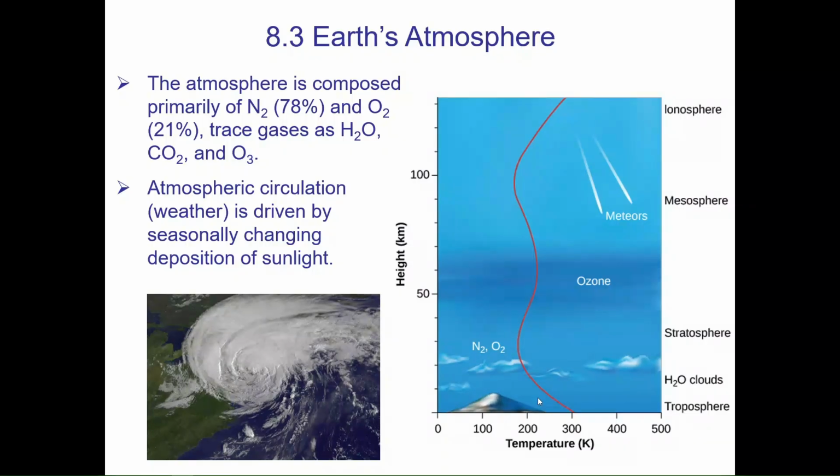We already talked about convection, another force that makes air circulate from the bottom to a higher place and from the higher place come back to the bottom. And atmospheric circulation typically brings us the weather. It is actually driven by the seasonal change of the deposition of sunlight.